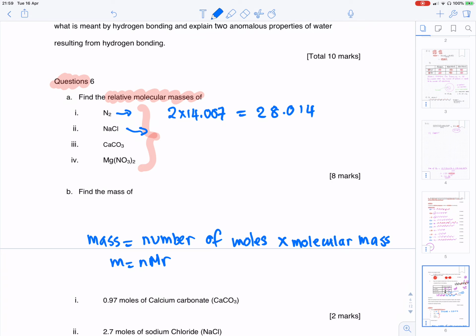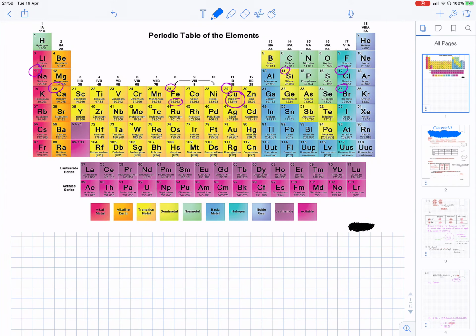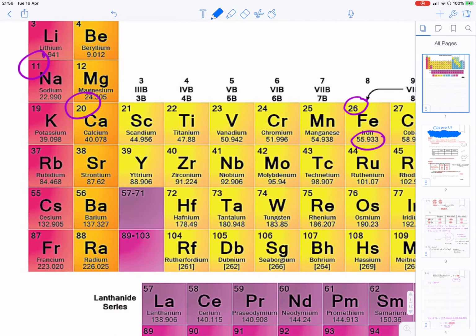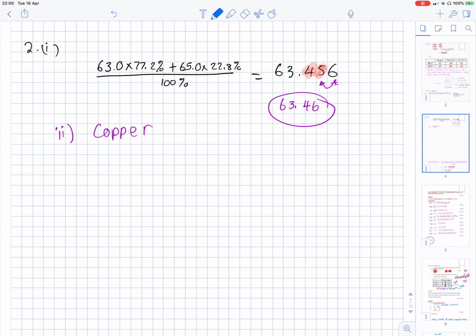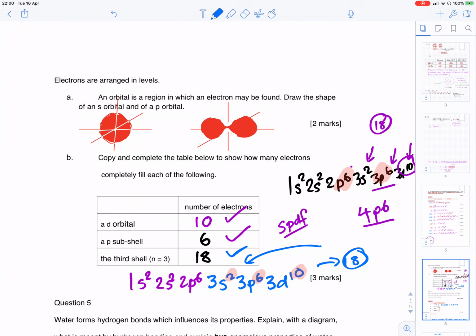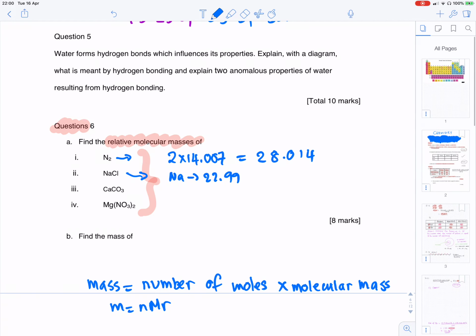For sodium chloride, we look for sodium and chlorine. So sodium is right here, is 22.99. And then you get chlorine.